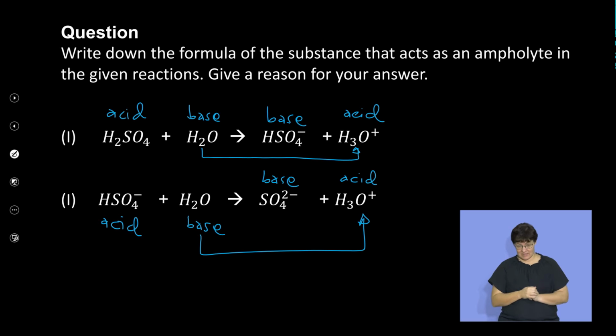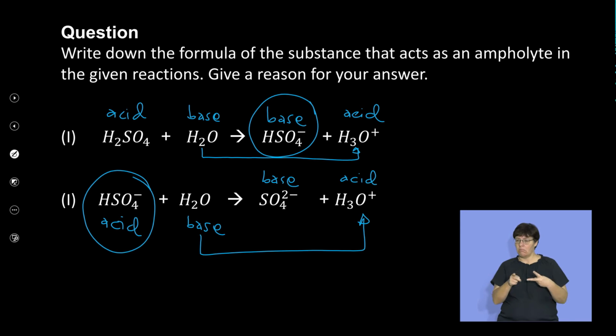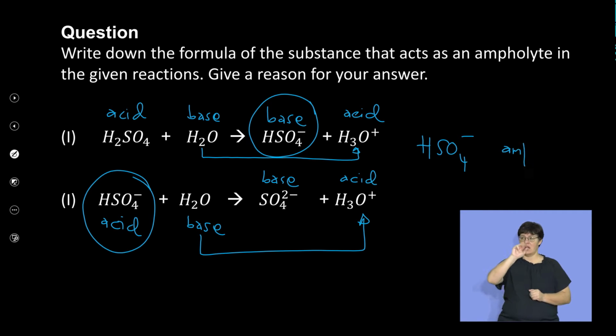Now, if you look at the hydrogen sulfate ion, in reaction 1, it acts as a base, but in reaction 2, it acts as an acid. So simply, it means that the substance HSO4 minus is an ampholyte, okay? Because in one of the reactions, it acts as an acid. In the other reaction, it acts as a base, right?